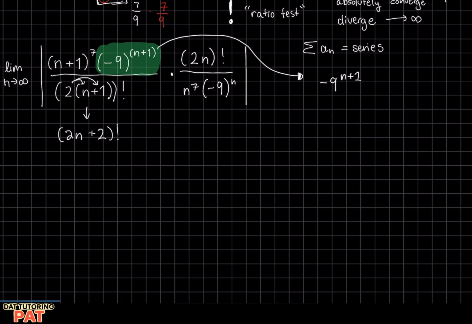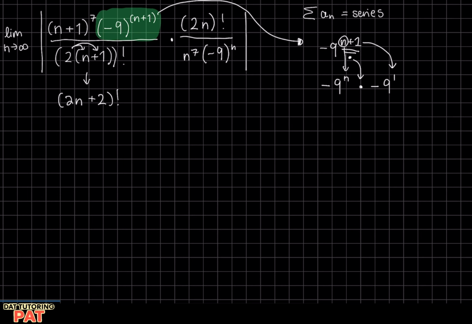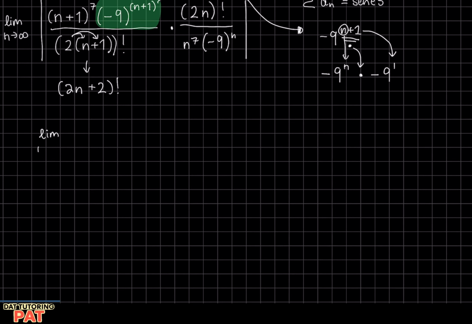Just know that if you see two things being added in the exponent, you just gotta do 9 and negative 9. Then you write that n. Then you're gonna multiply by negative 9 to the first. So you're just taking this term, putting it here, multiplying, and then putting your 1 there. So let's go ahead and write out this new problem that we have that's a little bit easier to look at.